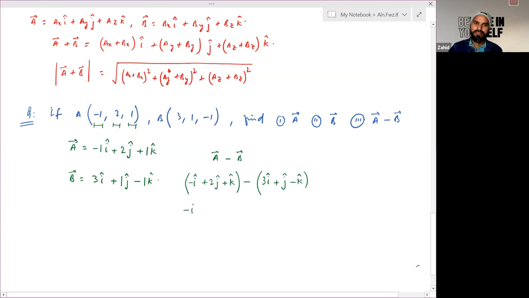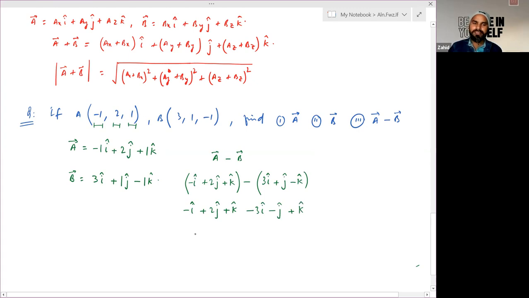Just expand: minus i cap plus 2j cap plus k cap, minus 3i, minus j cap, and minus minus plus k cap.